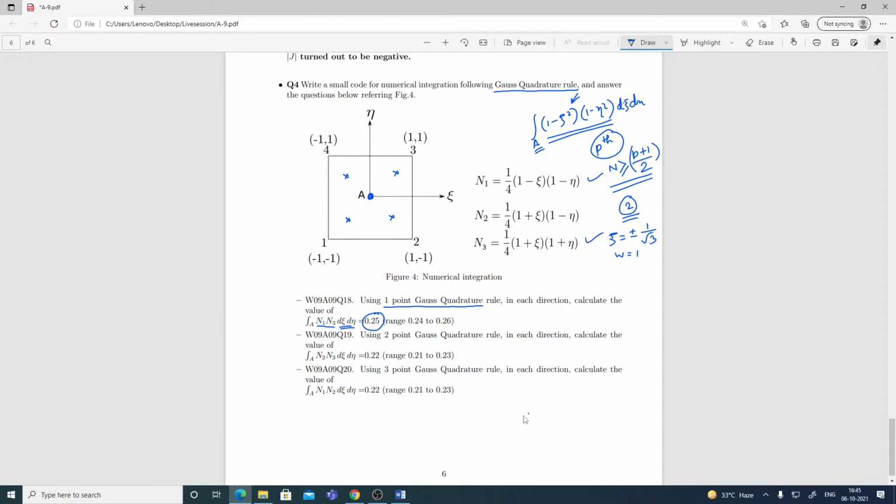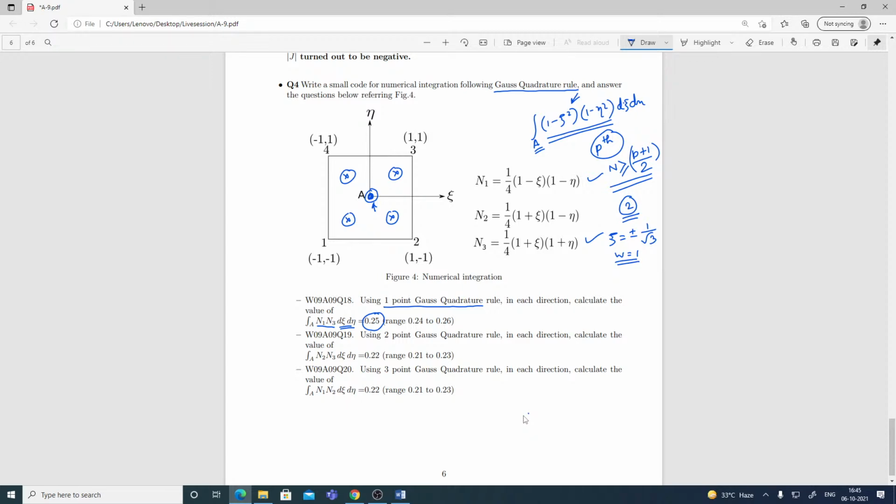You have to evaluate the integrand at these 4 points, multiply with the corresponding weight, and then sum it up. You can do it by hand or write a small code to do that. When you are using a single point rule, you evaluate the integrand only at the origin (0, 0) and multiply by 2.